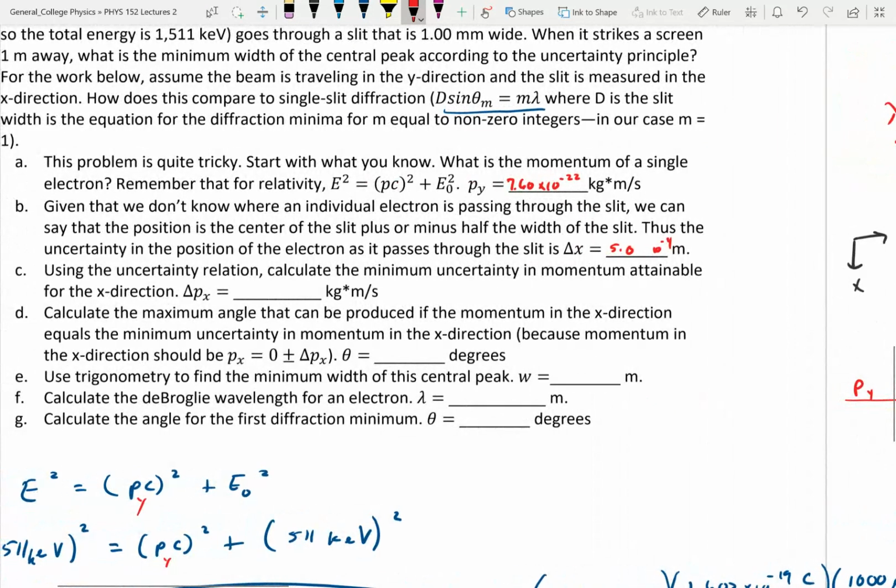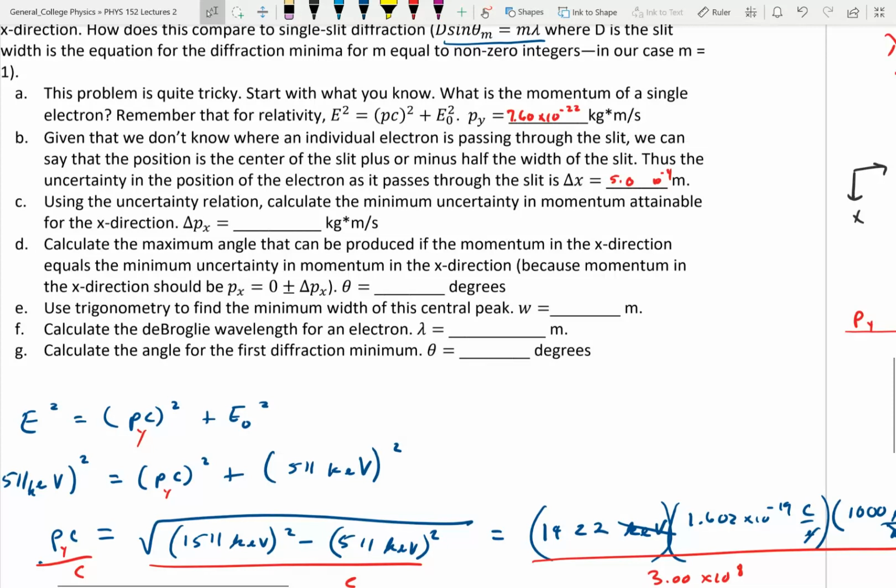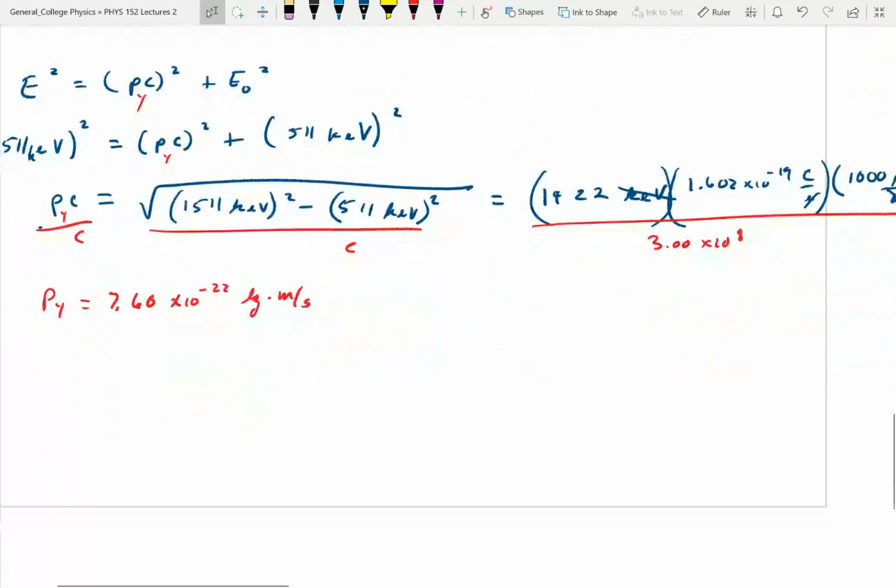So now, using the uncertainty relationship, what is the minimum uncertainty in the momentum in the x direction? Uncertainty in x times uncertainty in momentum in the x direction is greater than or equal to h bar over 2, or h over 4 pi.